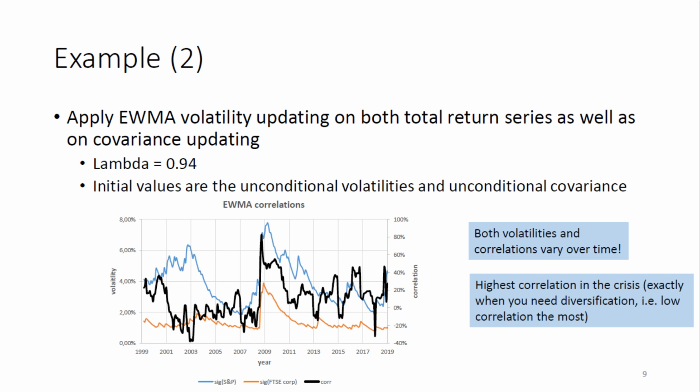But then we see in the crisis, so 2009, that the correlation spikes at a value of almost 80%, 0.8, so a strong positive linear correlation. It remains high for a while until 2011, and then it goes to lower values, but it starts to be more positive, around 30-40%. In 2018, it's negative again at minus 25%, and then it goes up.